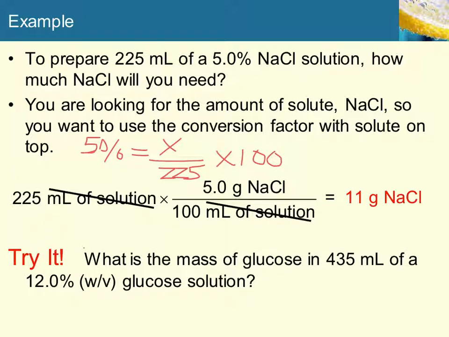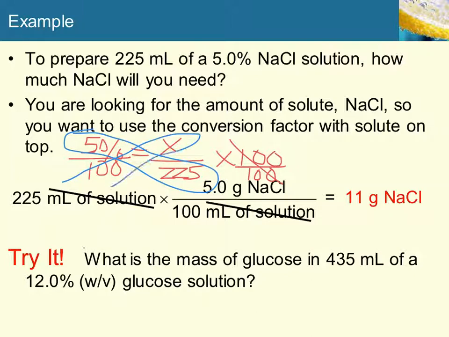So remember your math skills, PEMDAS. There's no parentheses, there's no exponents, there's multiplication. So the opposite of multiplication is division. So I'm going to divide both sides by 100. These will cancel. And then what I can do is simply cross multiply and divide. So I have 5 times 225 equals 100x, and I'm going to get the same answer. So it's really whatever you feel more comfortable doing at this point.